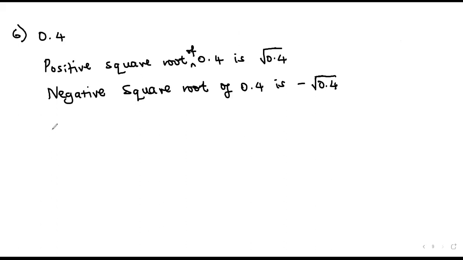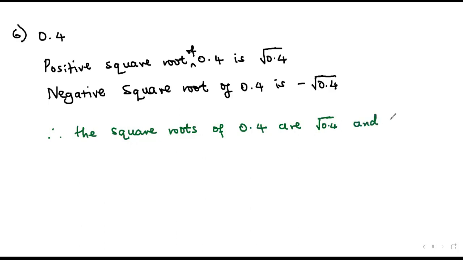Therefore, the square roots of 0.4 are the positive square root of 0.4, and the negative square root of 0.4. That's how we can write the square roots of 0.4. Have you understood? Yes. Okay.